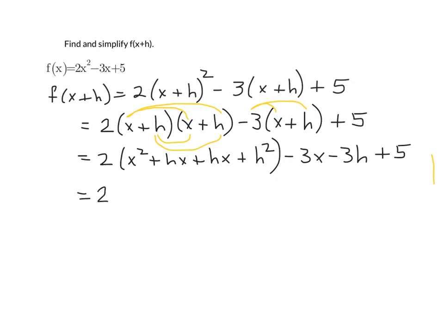Distributing the 2 through the parentheses and also combining these like terms, hx plus hx makes 2hx. Then when we distribute the 2, we will have 4hx.